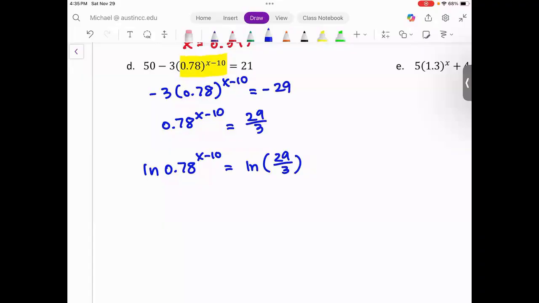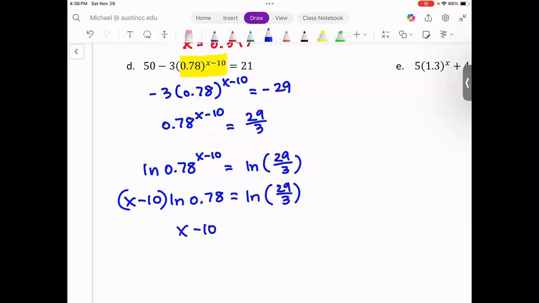All right. Now we can use the product property to bring that x minus 10 out front. And we can divide each side by natural log of 0.78.